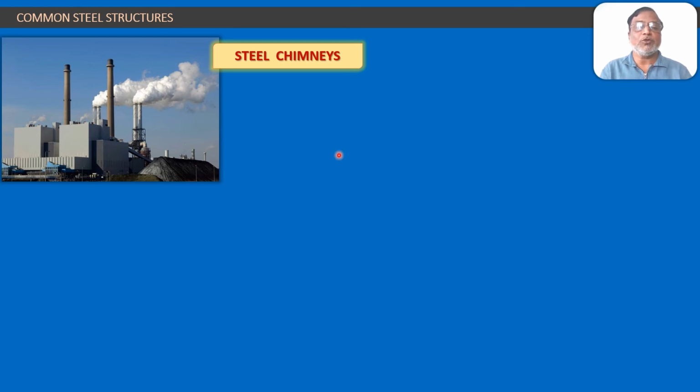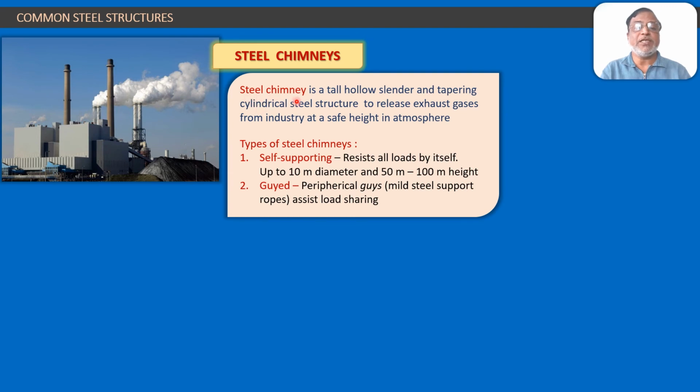So we use the structure called a chimney for this purpose. A steel chimney is a tall, hollow, slender and tapering cylindrical steel structure. The purpose is to release exhaust gases from industry at a safe height in the atmosphere. So this way we can define a chimney and state its function.